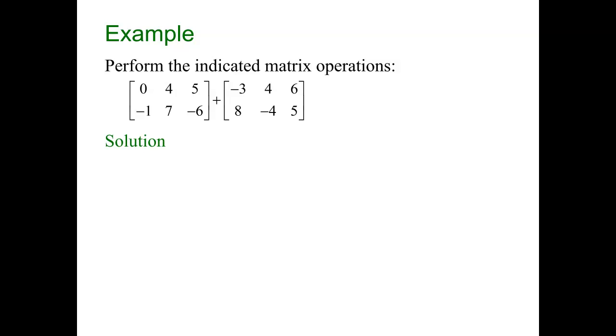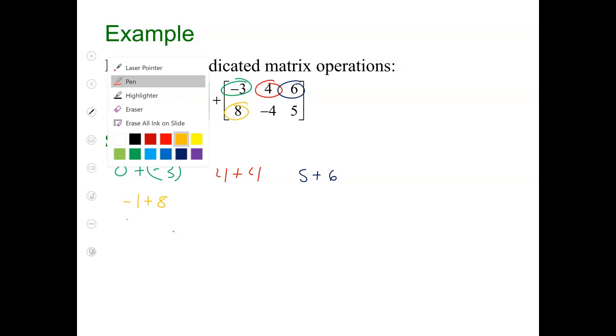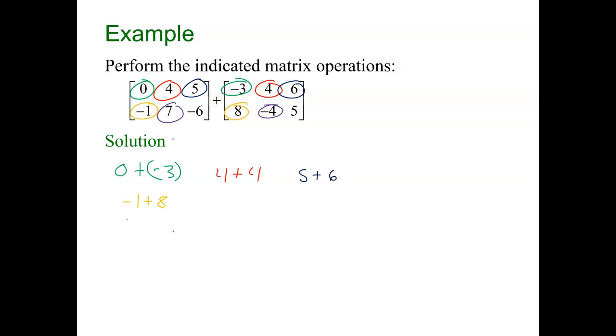Okay? So I'm going to add the first row, first column of both of those. I'm going to have 0 plus negative 3. That'll give me the first element of my matrix. Then first row, second column. What am I going to add next? 5 plus 6. Okay. Go to the second row. Negative 1 plus 8. 7 plus negative 4.